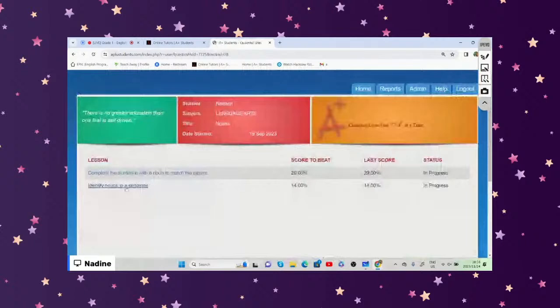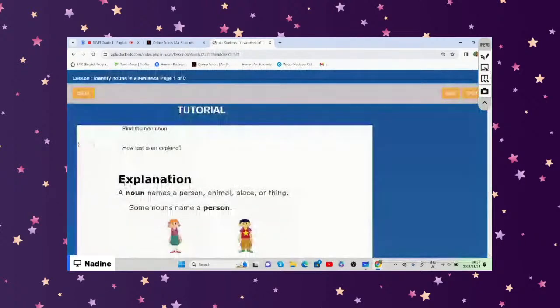All right, so now we're going to identify nouns within a sentence. And we said a noun names a person, an animal, a place, or a thing, right?